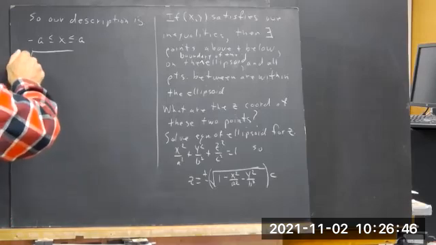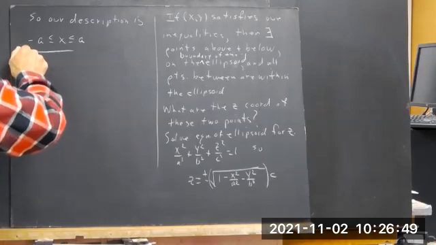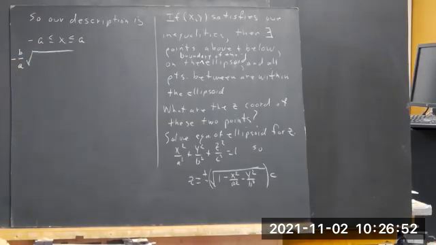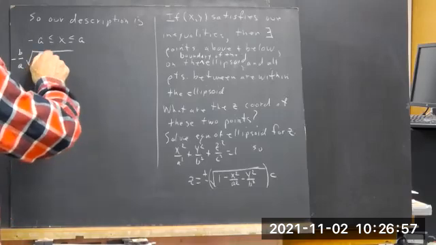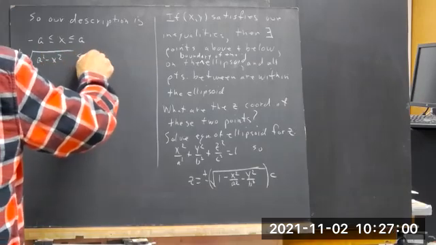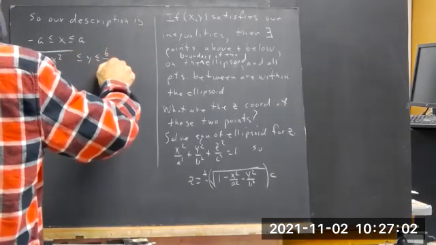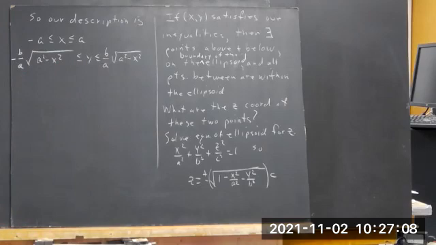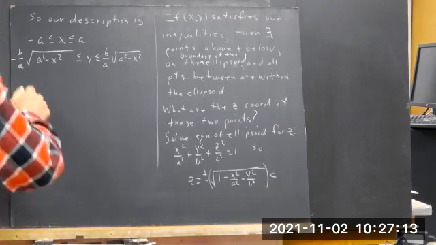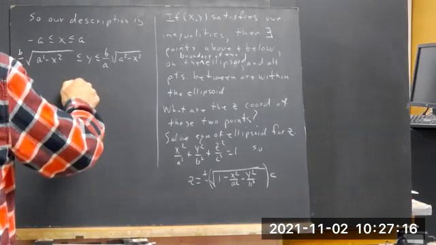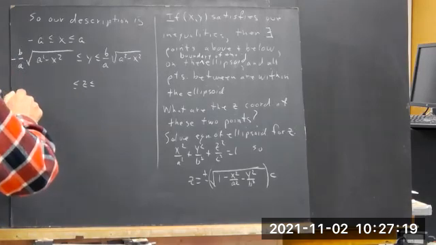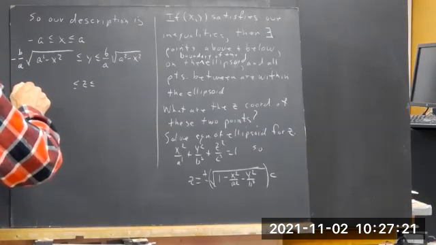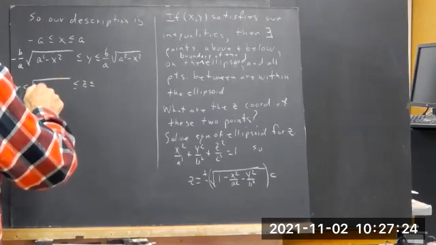I'm going to write this in just a slightly different form. Let's say we have negative b over a times the square root of a squared minus x squared. Which is just what I had before, but I factored out the b squared. And then z, put the c out in front.